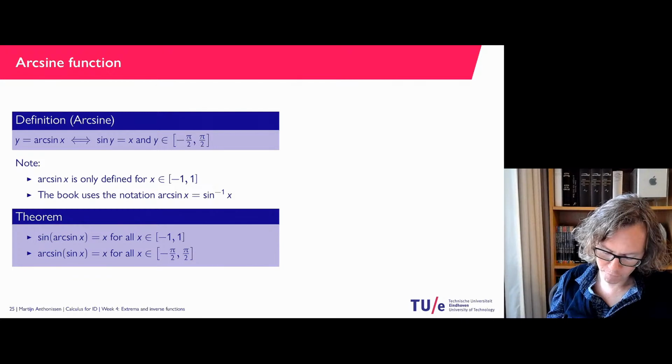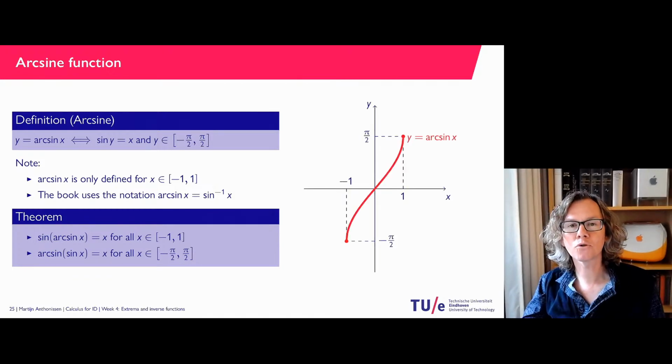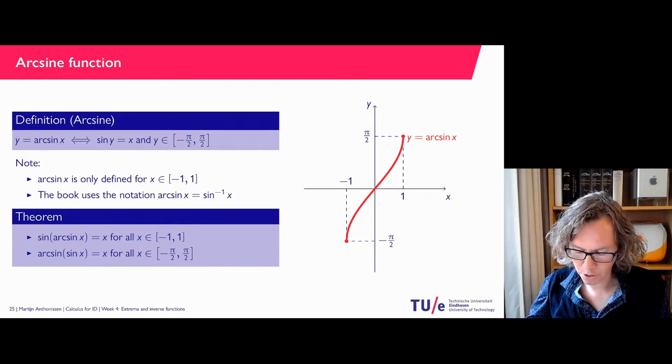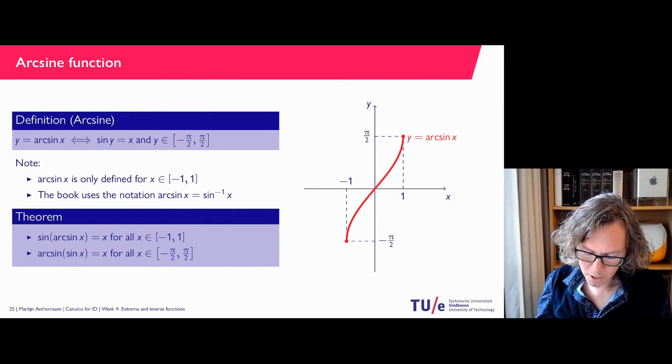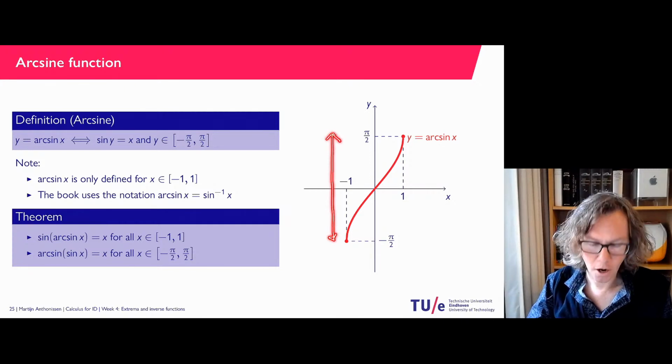And for the graph, to make the slide complete, this is what you get if you mirror the sine function in y equals x. So here is the arcsine function. You see it is defined for x values in between minus 1 and plus 1. You also see that the y values being reached are basically the domain where we considered the sine function, so from minus pi over 2 to pi over 2.